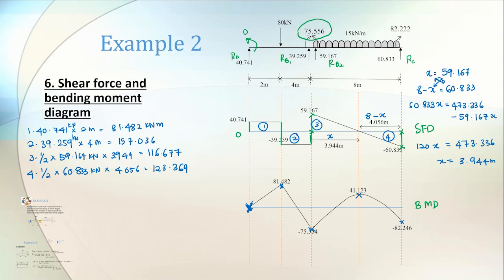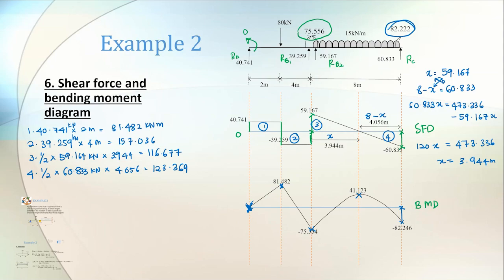Why? Because if you see on top here, you have another value which is 82.222 positive. So positive, so 82.246 plus this 82.222. Supposedly, if our calculation is not using 3 decimal places, you are using more decimal places, then it would be exact.